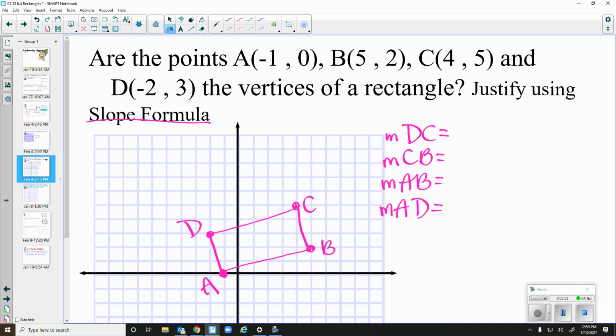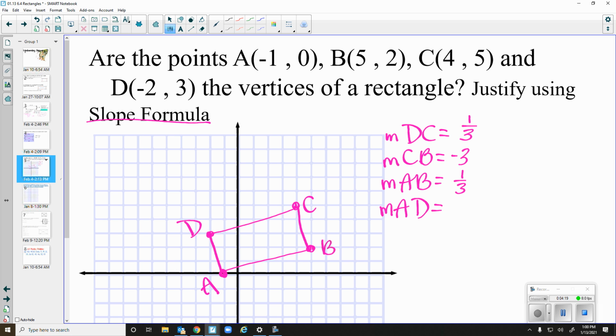DC, that's going up 2 and over 6, right? 1/3. Slope of BC. -3. AB. Okay, 1/3.